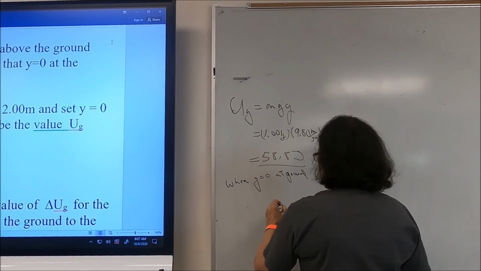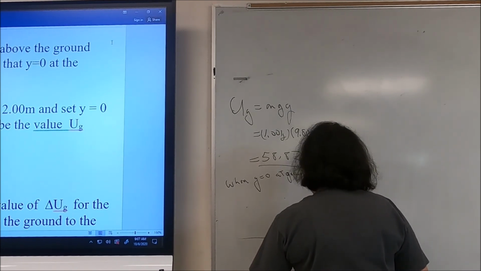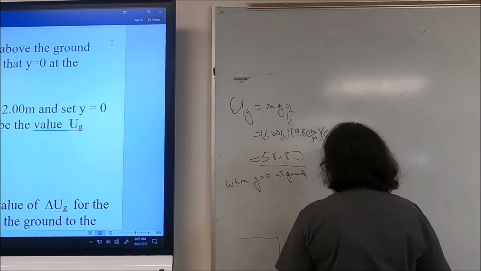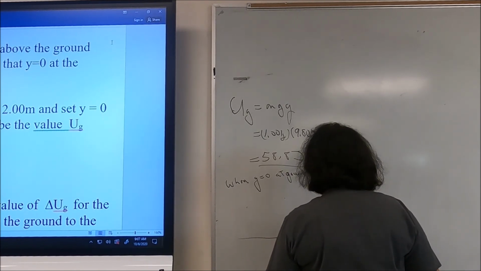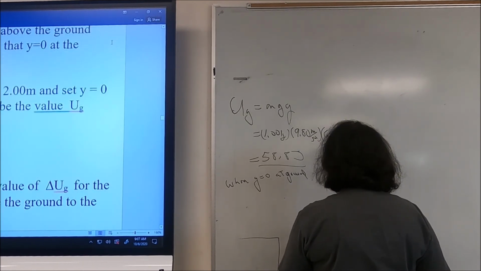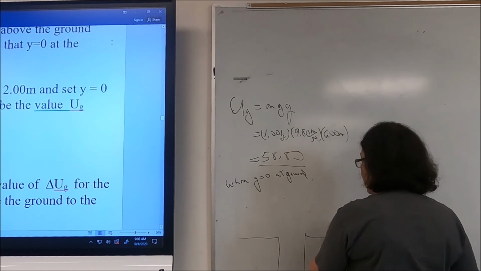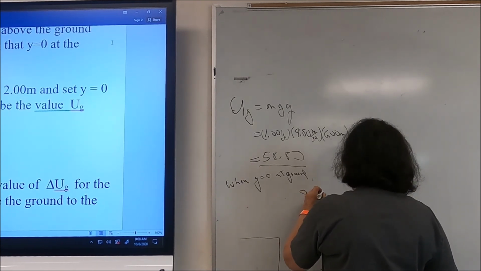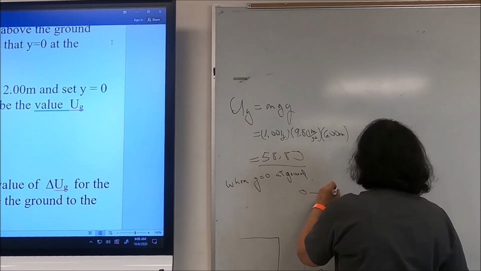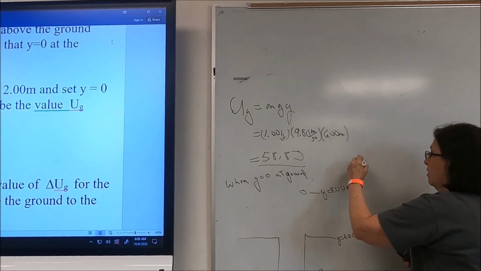What if I now took that same object and I was hanging it over a hole that was 2 meters deep? So I put my y equals 0 at the bottom of the hole. So now the ground is y equals 2 meters, and our object is up here at y equals 8 meters.